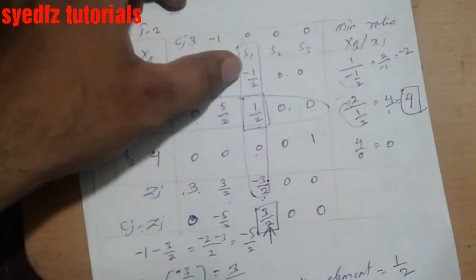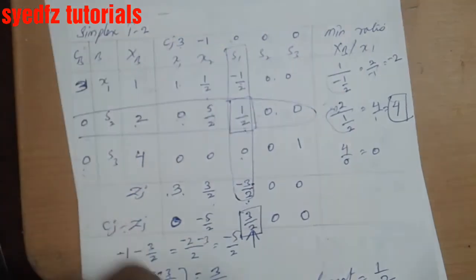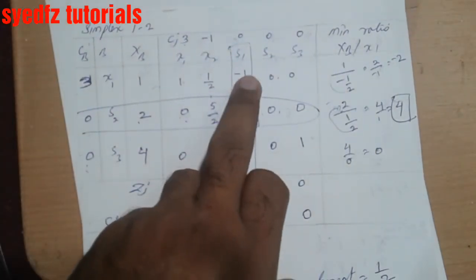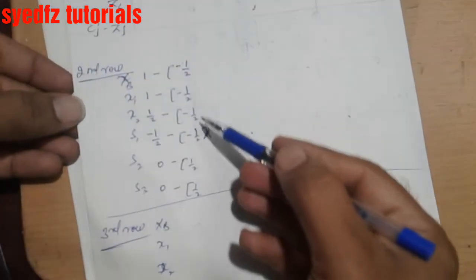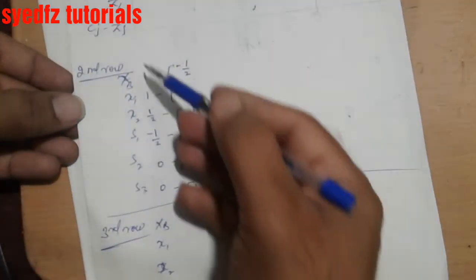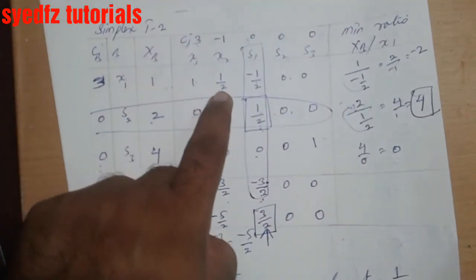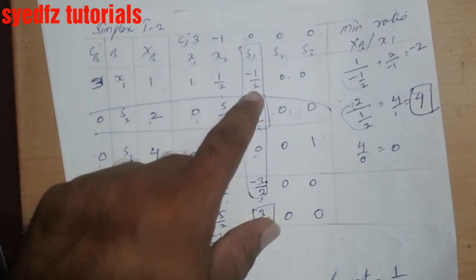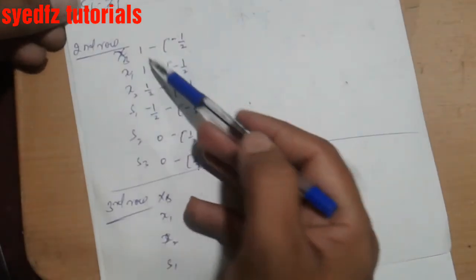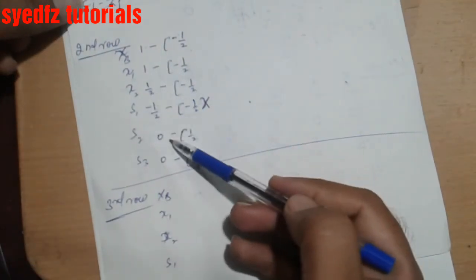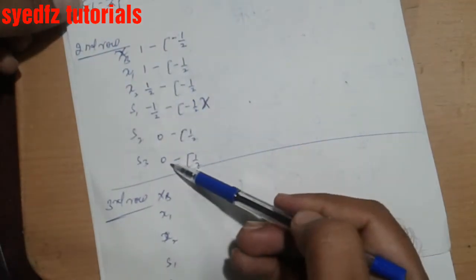Look, the key column is the same: -1 divided by 2. For the second row I have written all -1 divided by 2 for the key column. The old row values are 1, 1 by 2 for x2, -1 by 2 for s2, 0 for s3. This is the old value, and this is the key column.